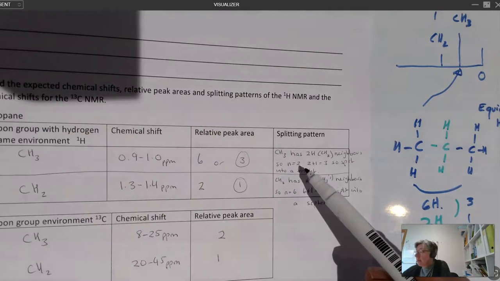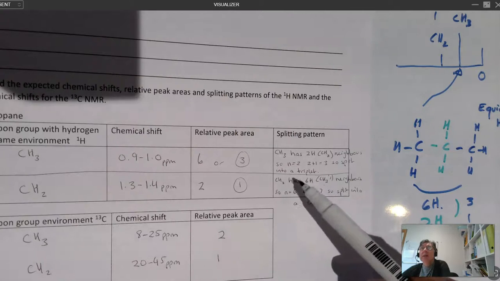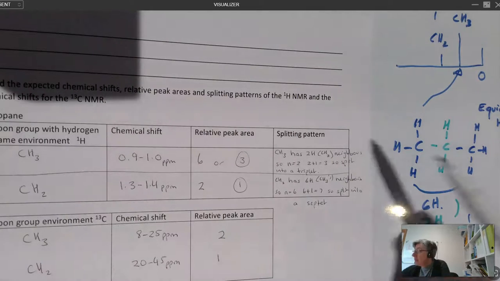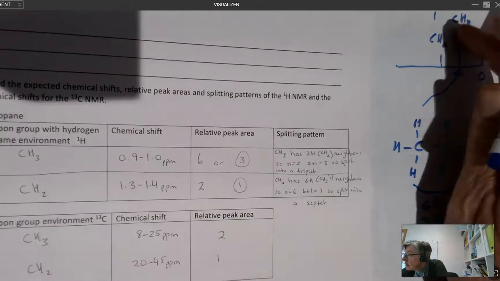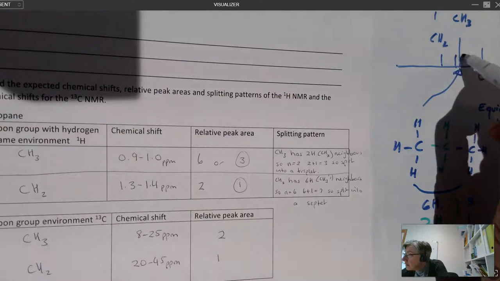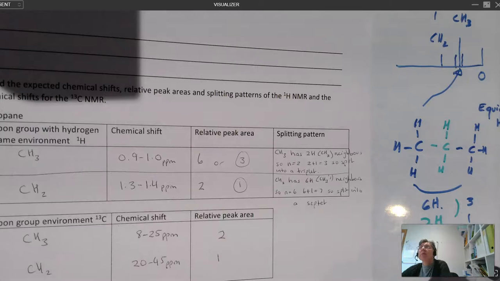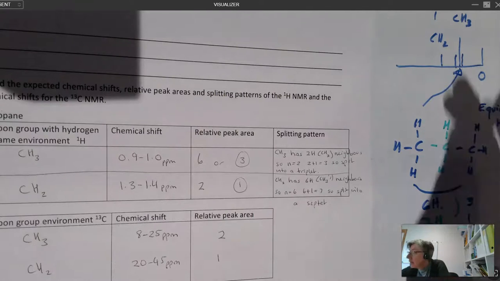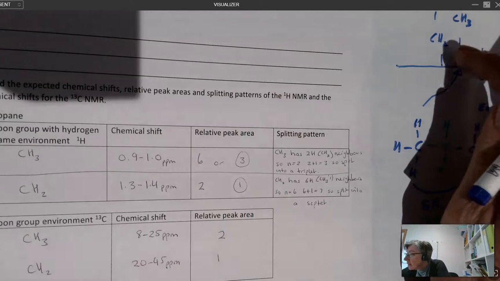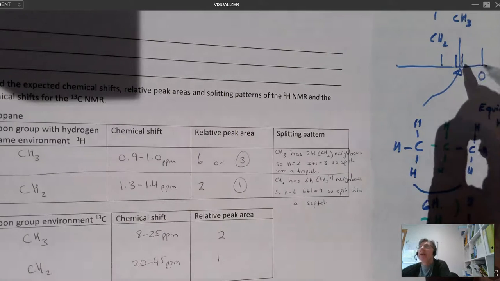There's 2 of them. So if we add 1, then we're going to split our peak into 3, and we call that 3 a triplet. So it'll take up the same area. So if we bring it down a little bit and make it a triplet, they're actually a lot closer than that. I'm just drawing it apart a little bit so that we can see that we've got 3 lines. So it'll take up the same area.